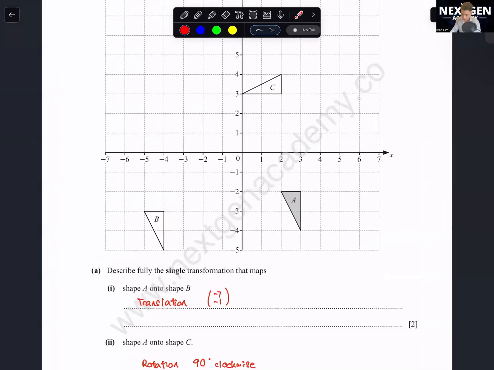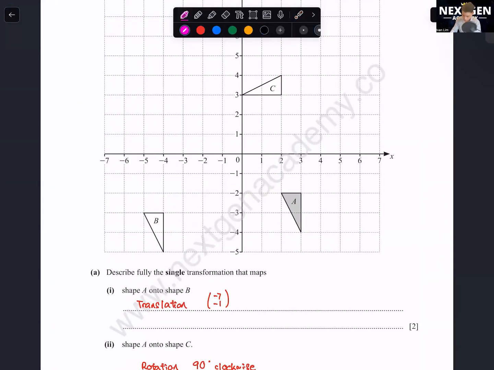I'm gonna do the perpendicular bisector way, which is you take a common point, like here and here, you draw a line like that. Then you split it into half. So this is your perpendicular bisector. The red color line is my perpendicular bisector. Then I do another point and repeat the same step again. Let's say here and here, then you draw a perpendicular bisector.